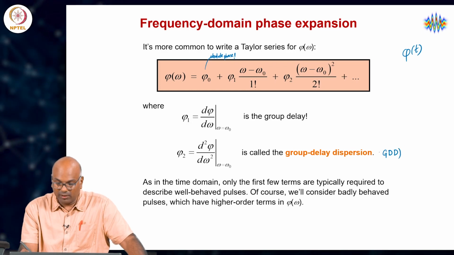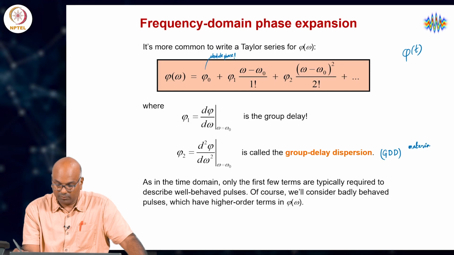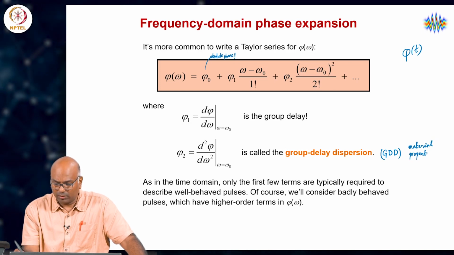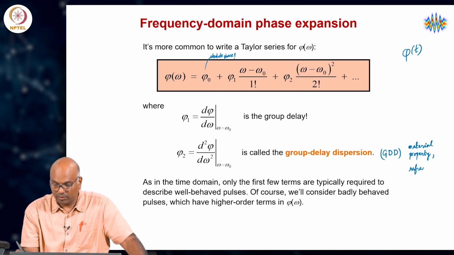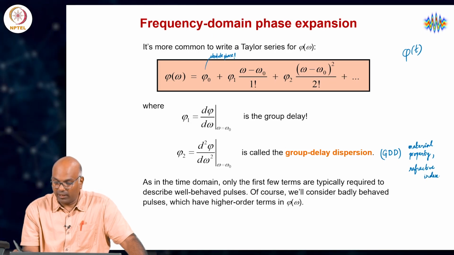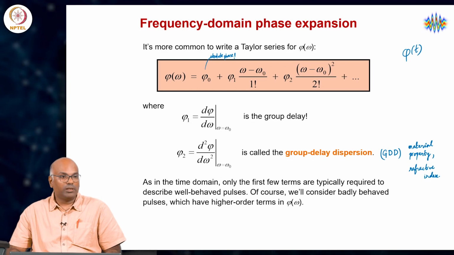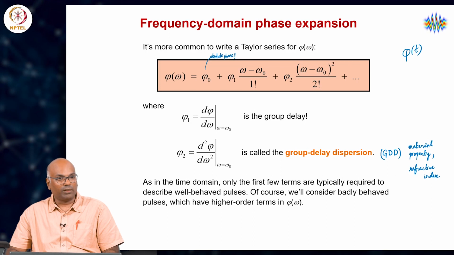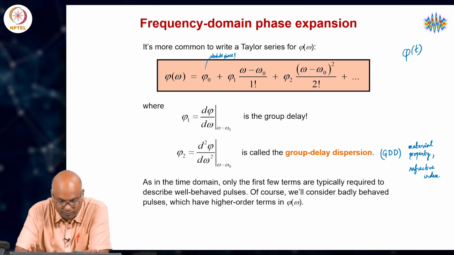GDD is a material property like the refractive index. We ought to get as comfortable with GDD as we are with refractive index. It's related to the dispersion of the refractive index for that matter, right. It's such a material property, right.